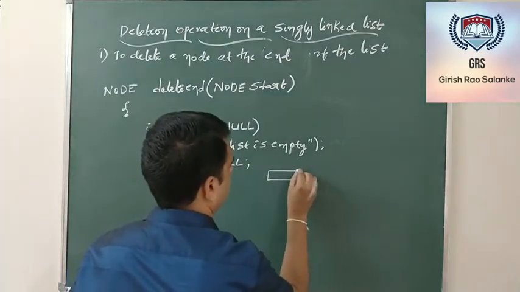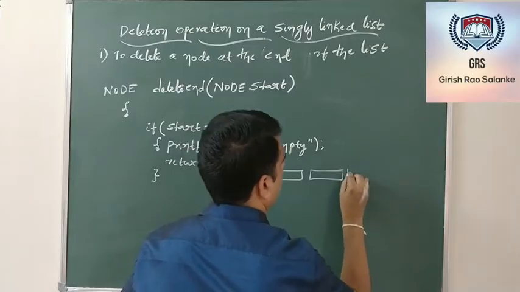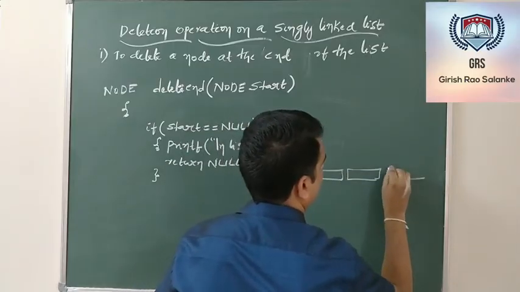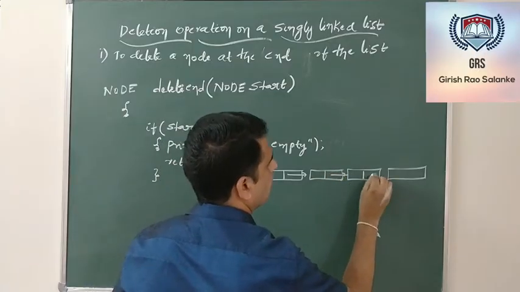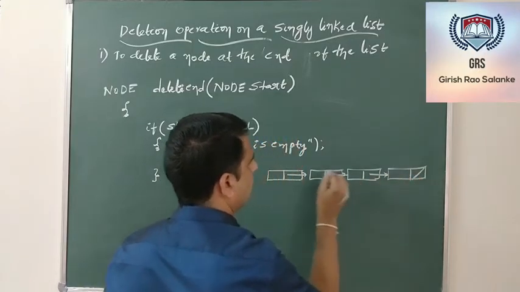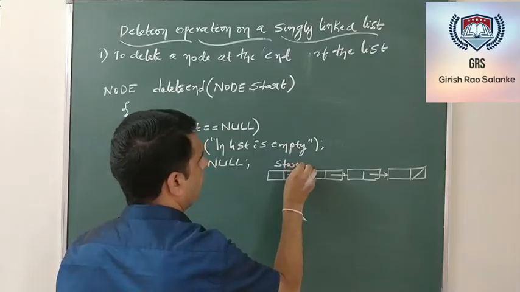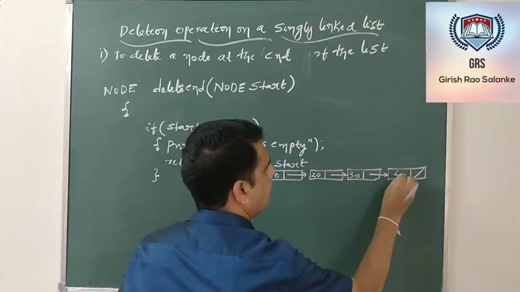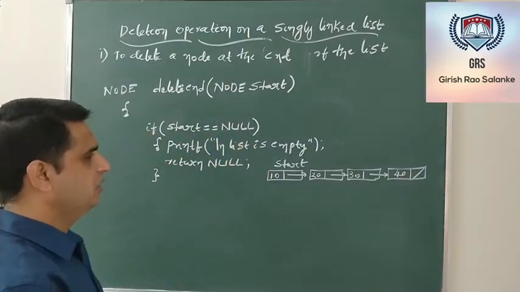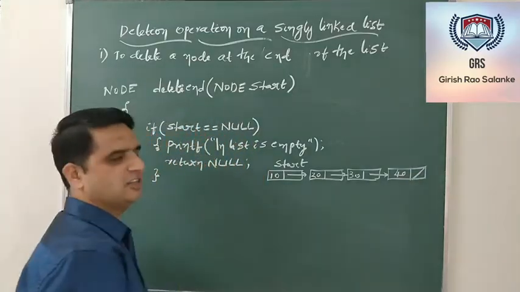If the list is not empty, then I have to think about how to perform the deletion operation. Now assume that this was my linked list with 4 nodes. Now my objective is to delete the last node. If I know the address of the last node, I can delete it.